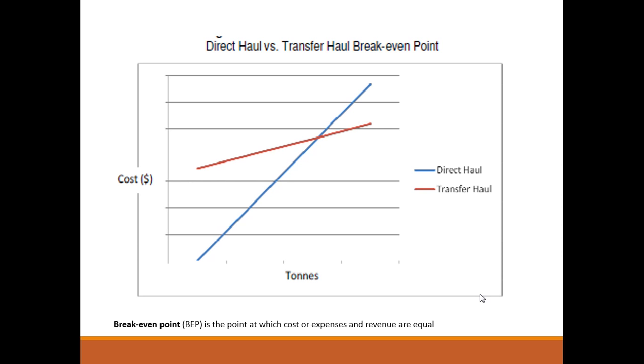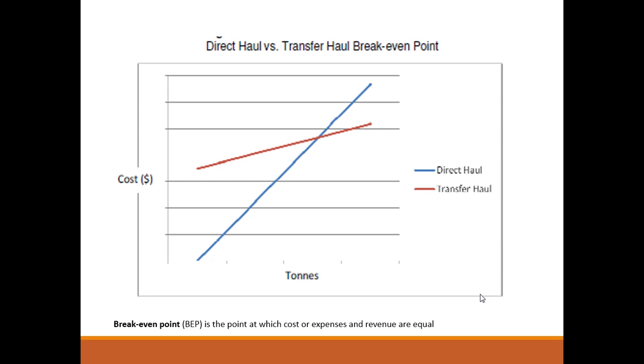When we talk about direct haul, that's our blue line, we are talking about the system that we are familiar with, where the collection vehicles, when filled, go directly to the landfill site. And the transfer haul refers to what we have already begun talking about in today's lesson, where we have that intermediate location where the waste would be deposited and collected, several loads of waste, and then eventually transported to final disposal.